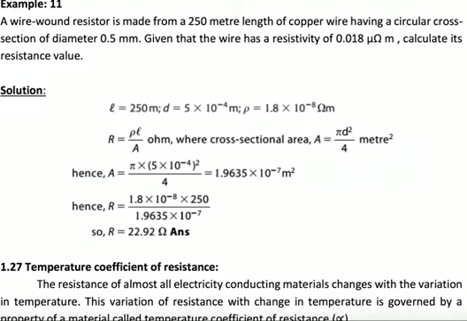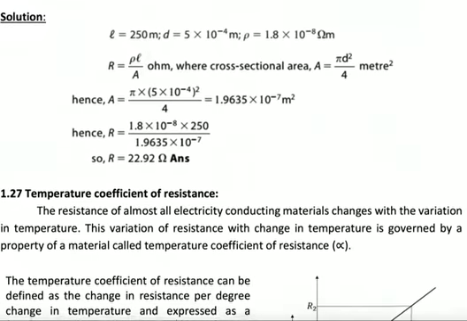Diameter is 0.5 mm, that means 5 into 10 to the power minus 4 meter. What about rho? 0.018 into 10 to the power minus 6 ohm meter, or otherwise 1.8 into 10 to the power minus 8 ohm meter. Substituting those values, the value of resistance is found out to be 22.92 ohms.